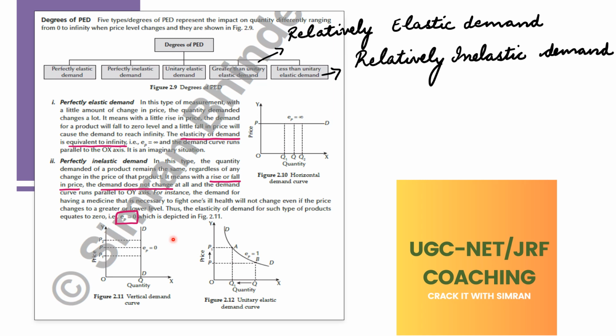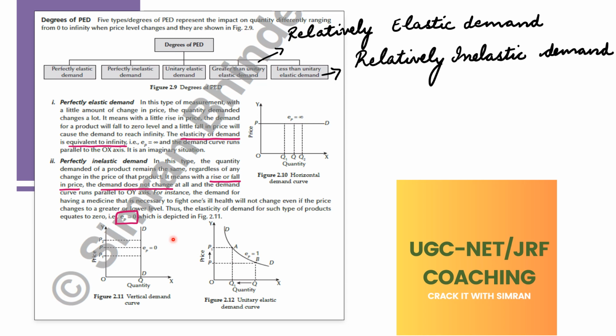This is easy. Now the medicine has to be taken by the patient, whether the price of that medicine is increasing or decreasing. The need for taking that medicine is there. So the demand in that case is perfectly inelastic demand. Right? So it is an extreme case of price insensitivity.